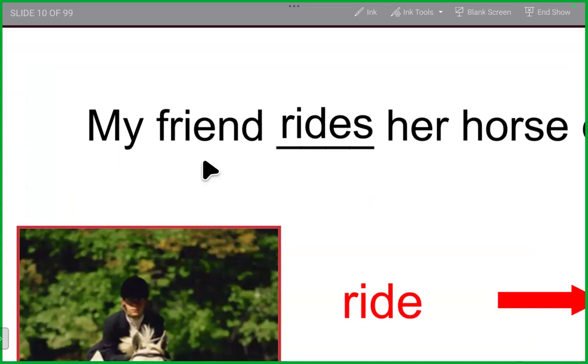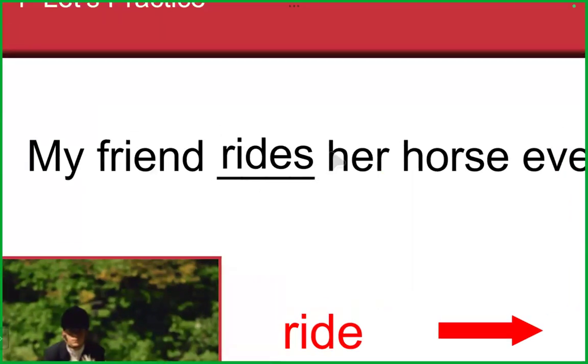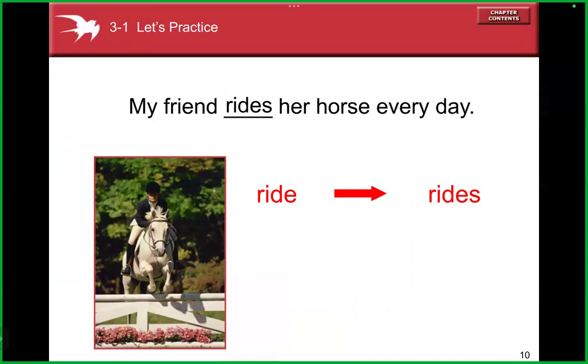When we say friend, well, in English, we don't have genre. Genre means género. This word has no genre. Friend might be a man or a woman, a boy or a girl. My friend. So that is the reason you see the letter S. My friend rides. Good.